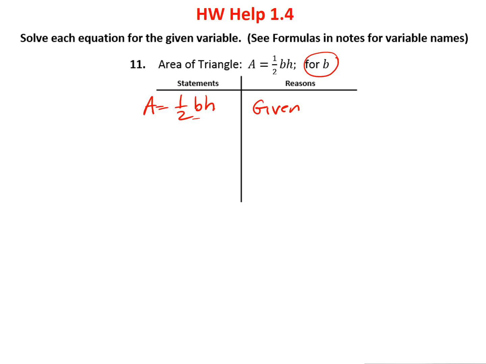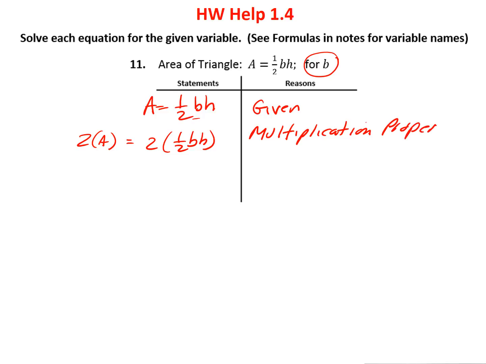Well, first thing, how do you get rid of fractions? You multiply by the common denominator. So first thing I'm going to do is multiply 2 times A on this side equals 2 times 1/2 bh on this side. That's the multiplication property of equality.